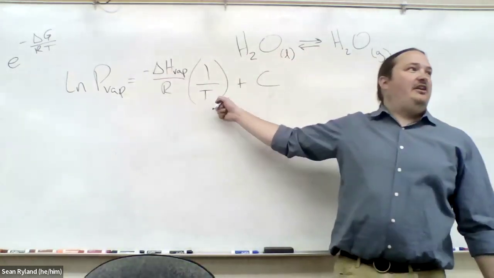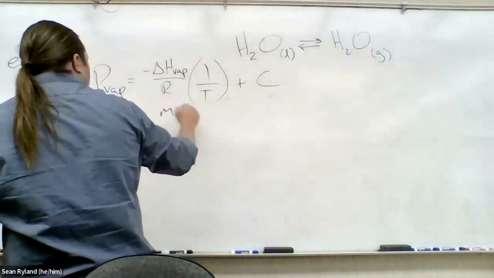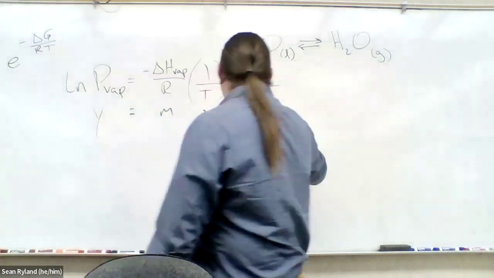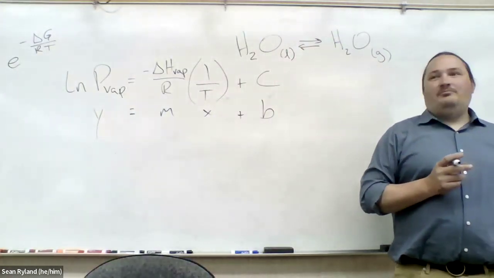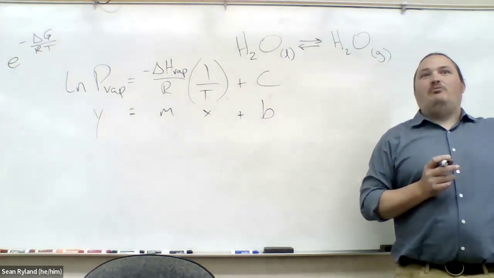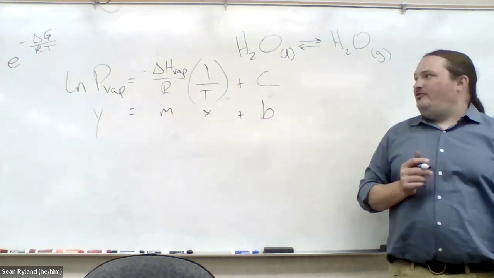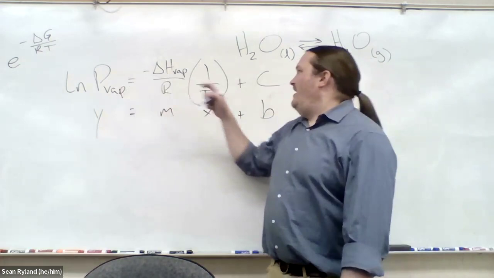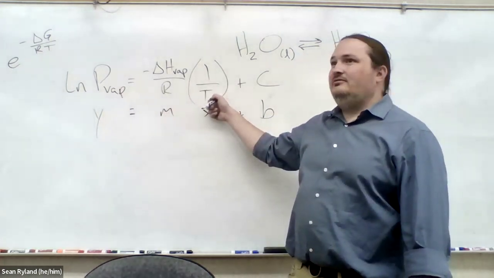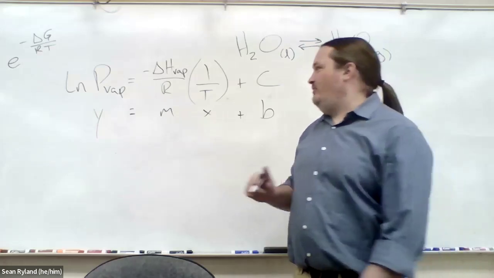Well, this is really just a linear equation at this point. We can do point slope form. We can take any two data points and use them to find the slope of the equation, right? So if you plug in vapor pressure at temperature 1 and temperature 2, we can rearrange this a little bit and get something we can solve for.